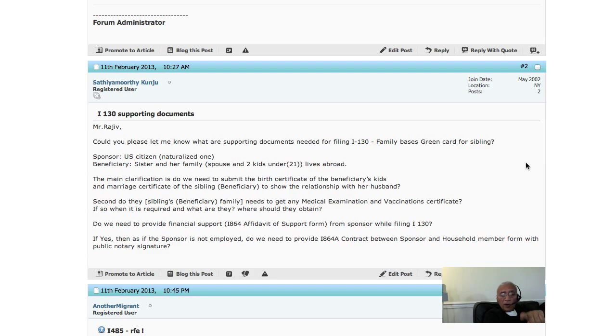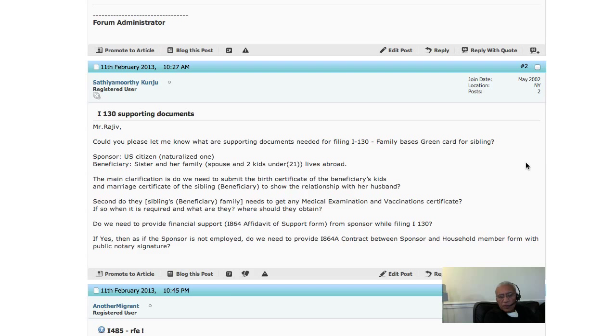But for non-immediate relatives, like your brother or sister, when you apply for them, all their children under the age of 21 are included, and for the details of that, you've got to go to something called CSPA, the Child Status Protection Act, who's included, who's not. So CSPA will tell you who's included, but the bottom line is, you apply for the main person, your brother or sister.